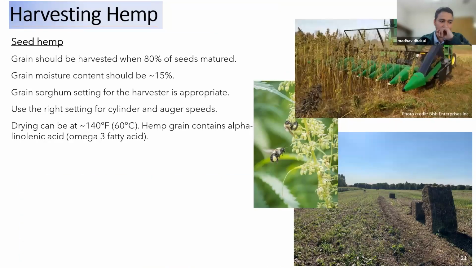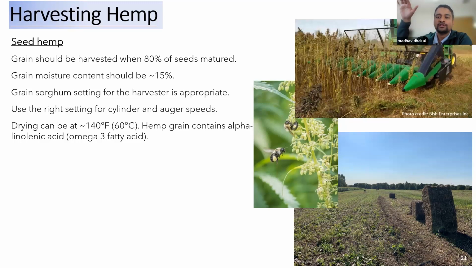Harvesting is another aspect. For seed hemp the harvest would be different, and for fiber hemp it would be different again. If it's seed hemp, the grains should be harvested when 80% of the shoots are mature, with moisture content near about 15%. You can use a grain sorghum setting to harvest the upper part of the plant.